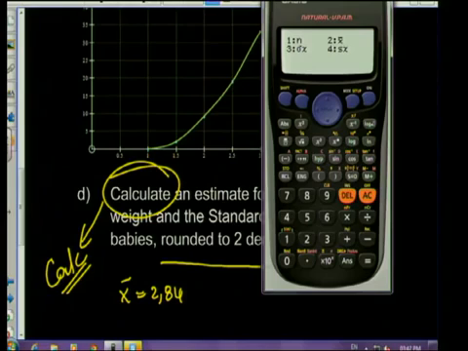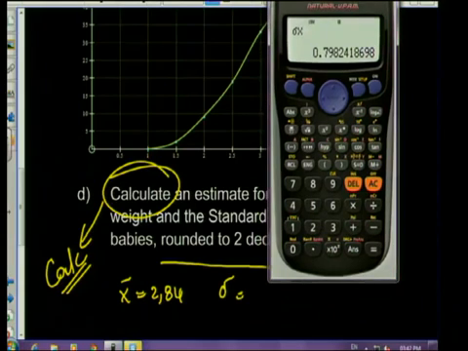It almost looks like an apple with a stalk. That's a Greek letter called sigma. Okay, so you're going to click on that 3 and then press equals, and this is the standard deviation. And so the standard deviation, if I'm going to 2 decimal places, 0.798, rounds up, 0.80. And so there we've got the standard deviation.